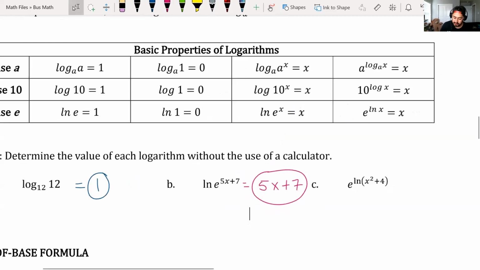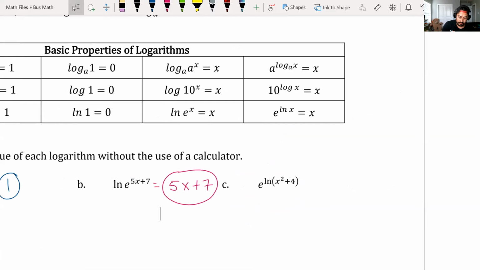And then C, e raised to the natural log of x squared plus 4. All right, this one looks like the fourth column. This one looks exactly like this one, e raised to the natural log of x.